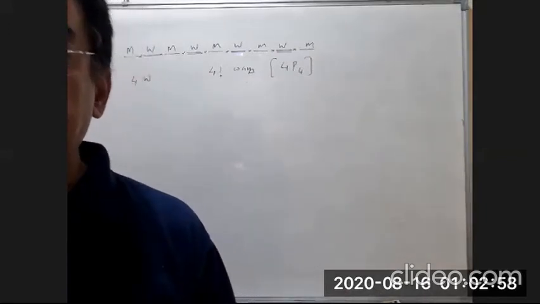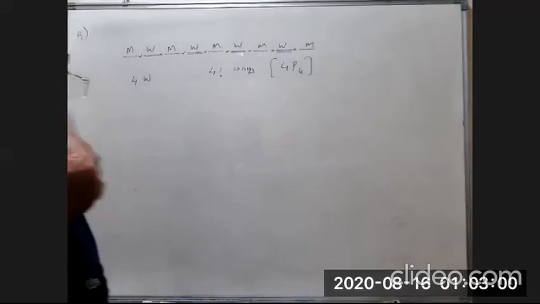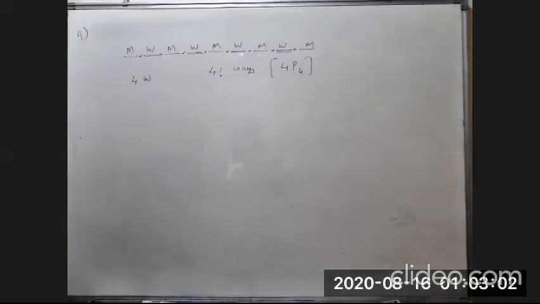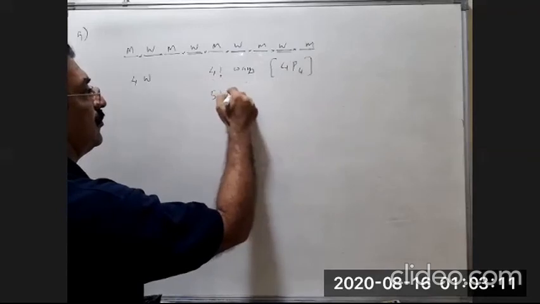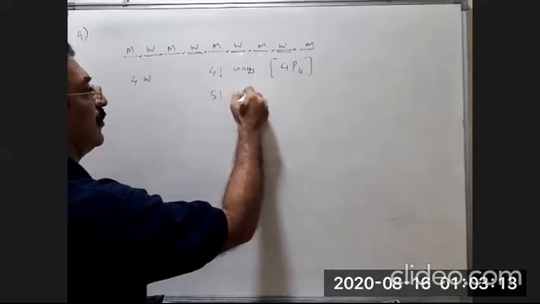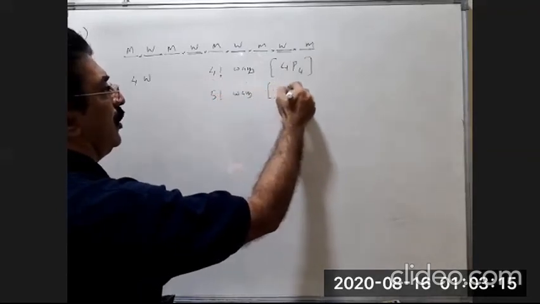Remaining 5 men can occupy 5 odd places in 5 factorial ways. That is 5P5 ways.